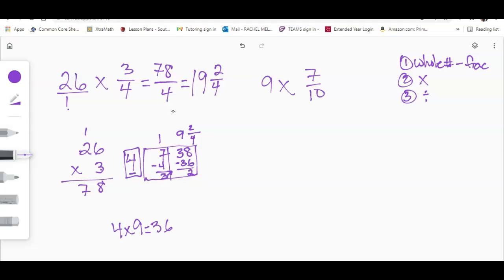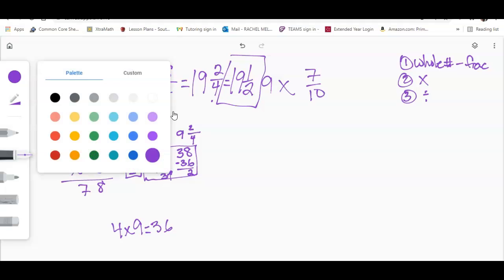Now I know it's been quite a while since we did fractions, but remember I cannot leave 2/4 because that can be reduced. Okay, so remember that can also be called 19.5. So my answer here is 19.5. All right, moving on to our next problem.